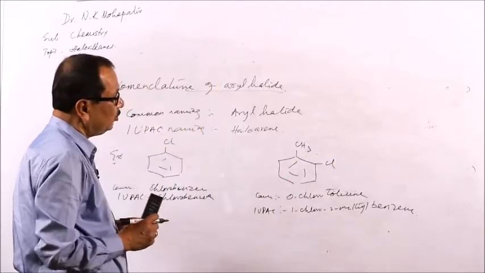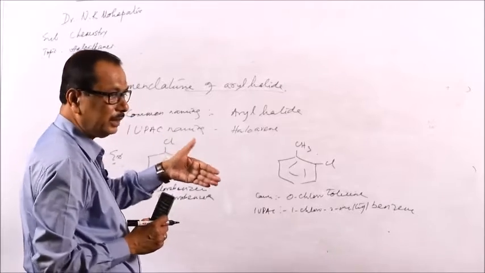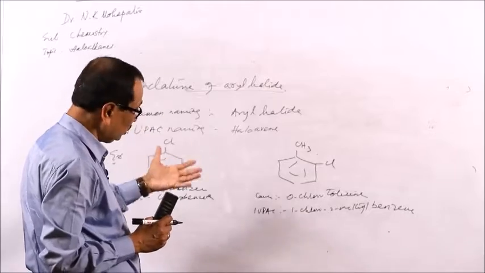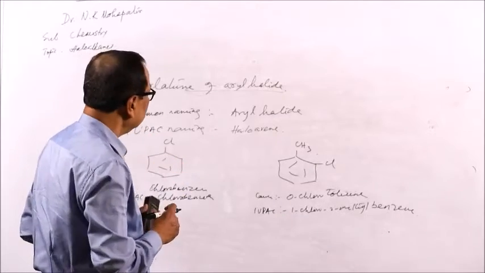In the case of common naming, we use ortho, meta and para depending on multiple substituents on the benzene ring.